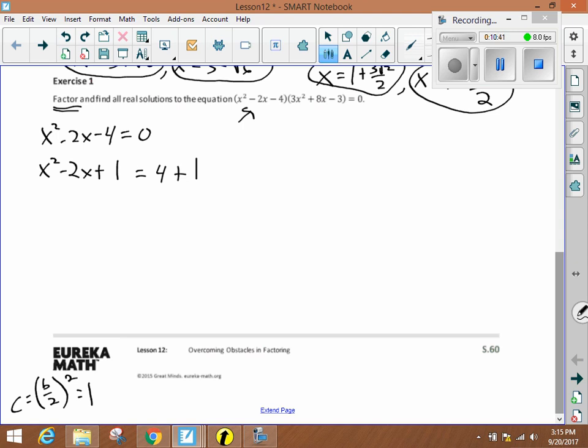X squared minus 2x plus 1 is a perfect square trinomial, which means that I can express it in this way. There we go. Hey, I'm going to take the square root of both sides. I'm going to add 1 to both sides.